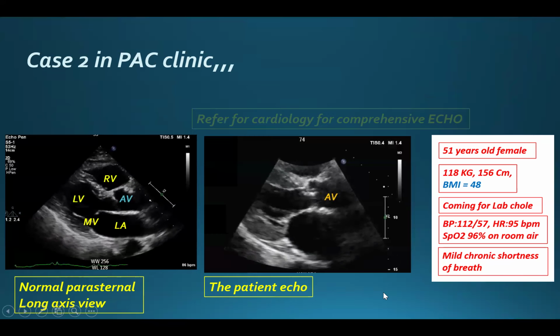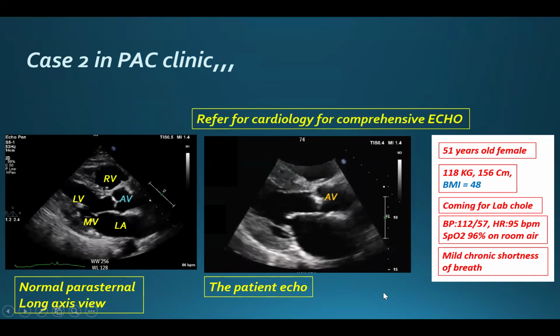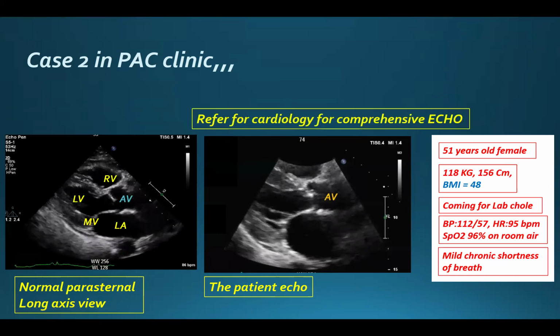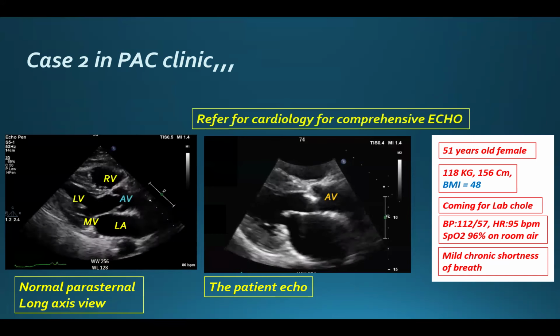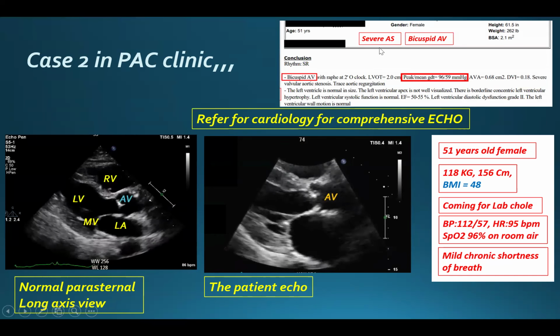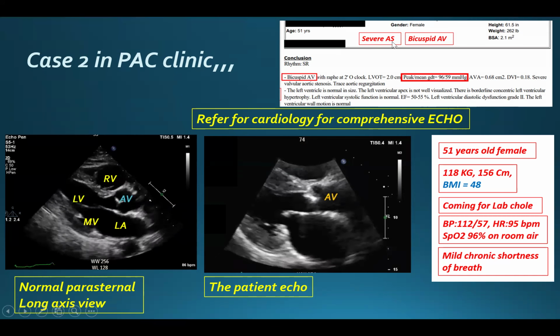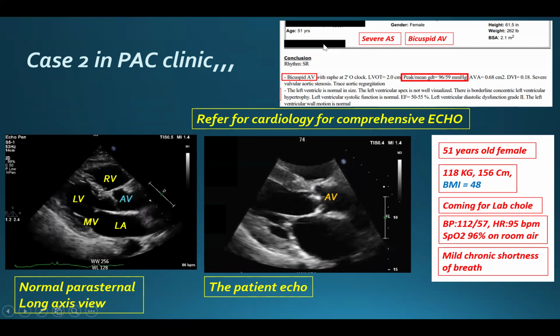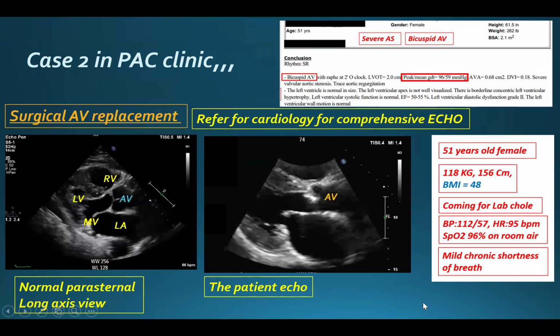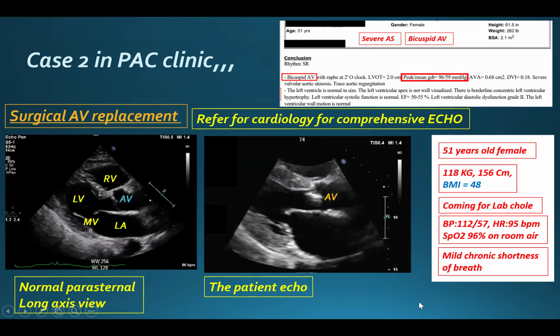So this raises the suspicion of significant aortic valve disease. According to the handheld echo in the pre-anesthesia clinic, we referred for comprehensive echocardiography. The echocardiography report from cardiology came back with severe aortic valve stenosis, bicuspid aortic valve, and the patient went for surgical aortic valve replacement.